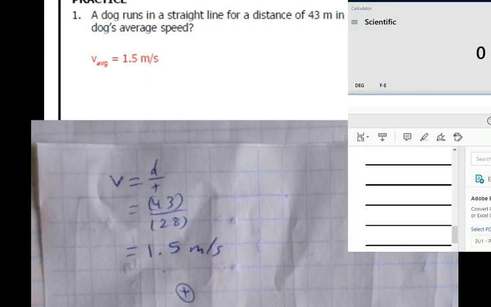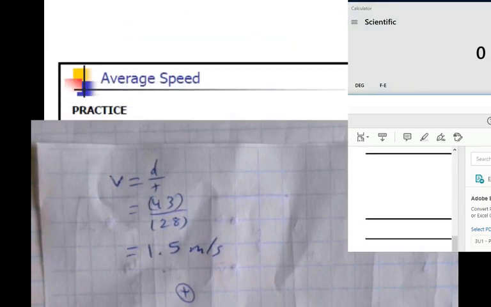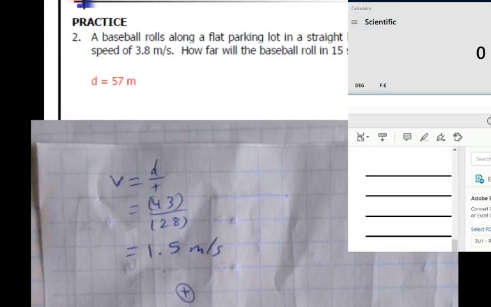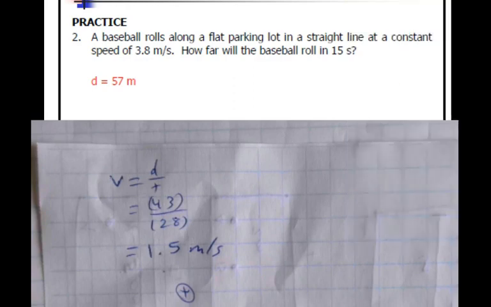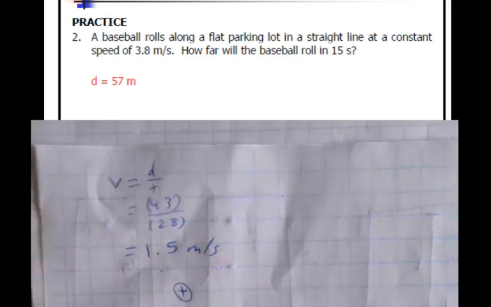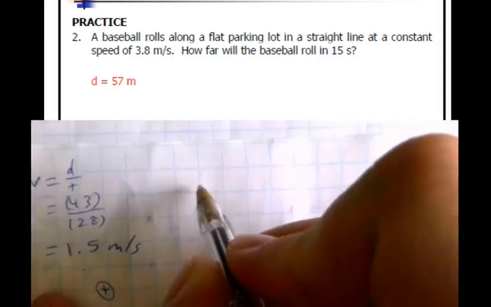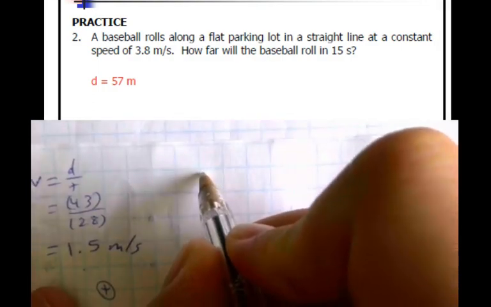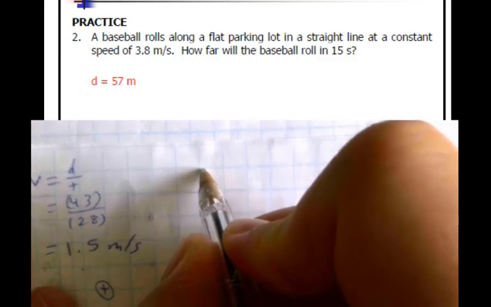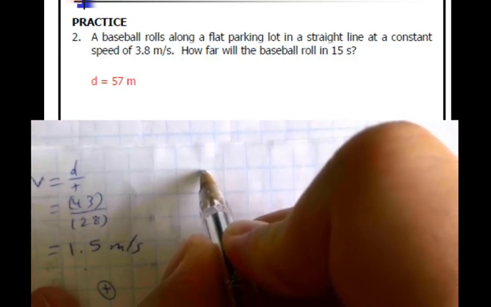Next problem. A baseball rolls along a flat parking lot, and this baseball travels at a constant speed of 3.8 meters per second. How far will the ball roll in 15 seconds? So now we are trying to find the distance traveled.